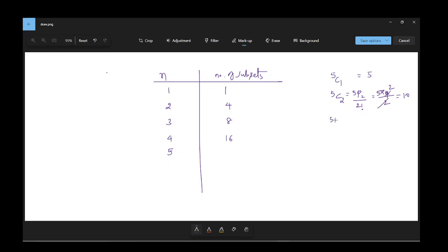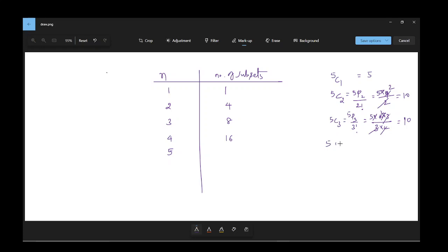Next, 3 at a time, 5C3. 5C3 is 5P3 by 3 factorial, 5 into 4 into 3 divided by 3 into 2, again it is 10.